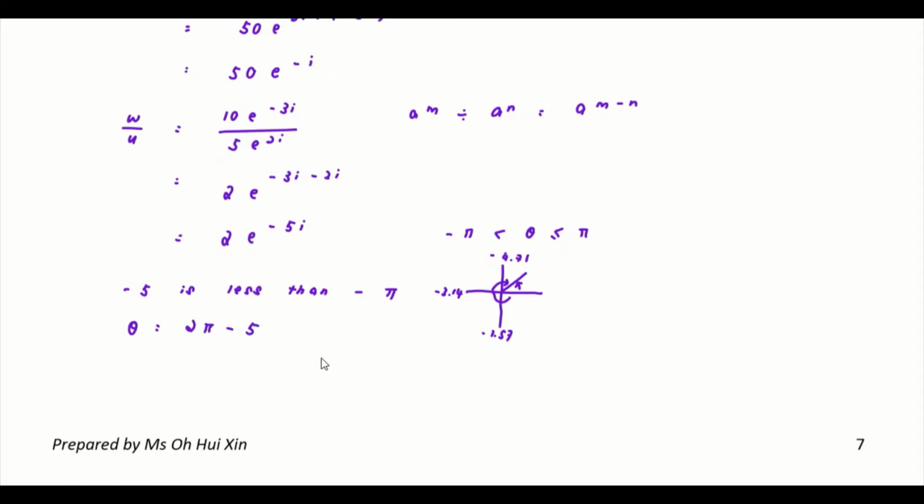You don't need to do minus 5, because from here to here is an angle of 5 radians. So to find this part, you just use the whole circle, 2 pi, minus 5. Here you get 1.28 radians, in 3 significant figures. So we can write w over u is equal to 2e^(1.28i).